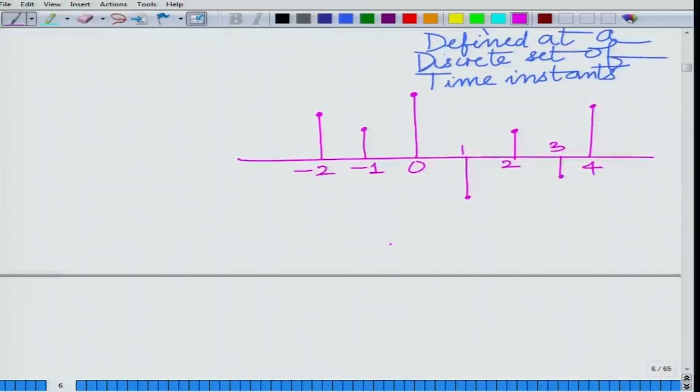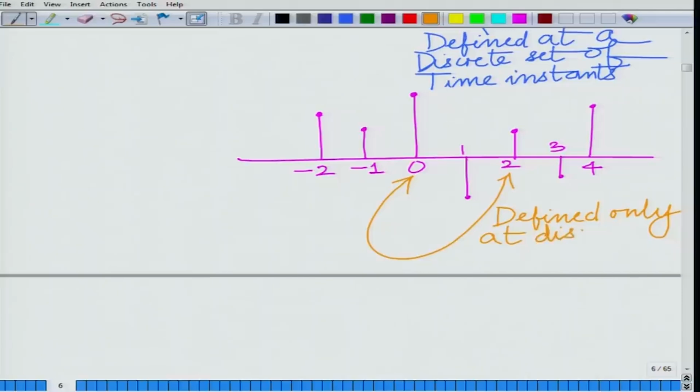The point is it is defined only at a set of discrete time instants.